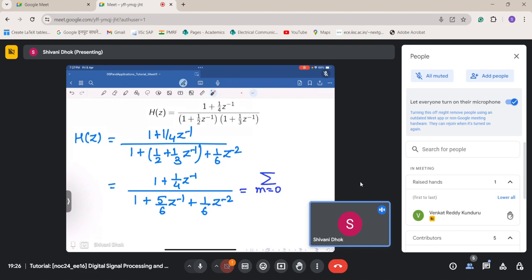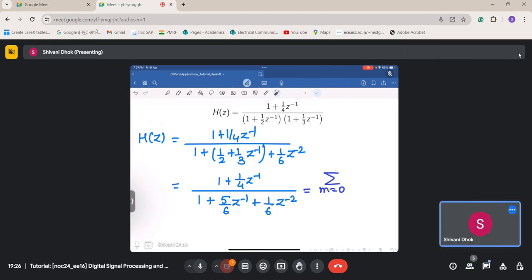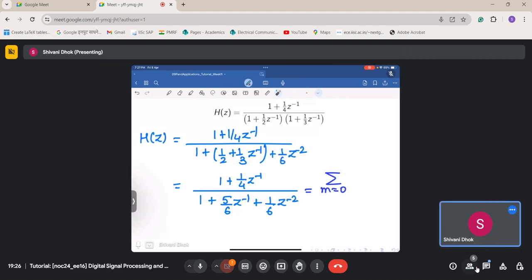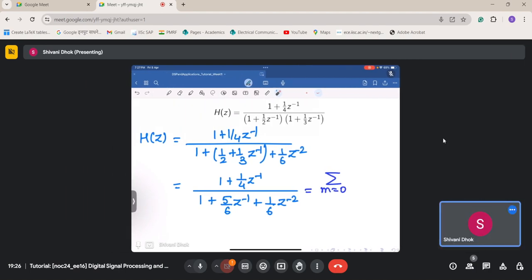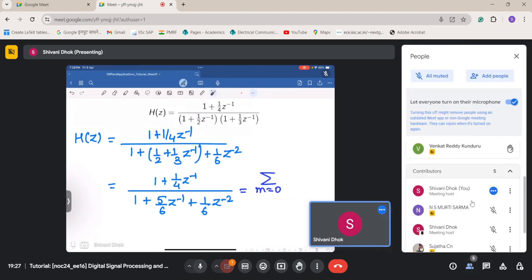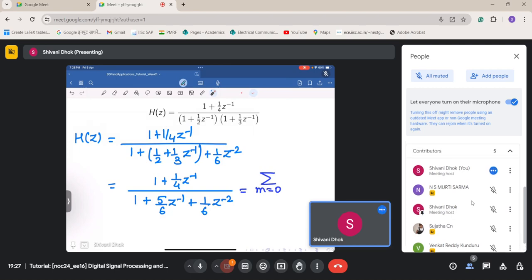He has raised the hand, so if he is speaking then he is not audible.